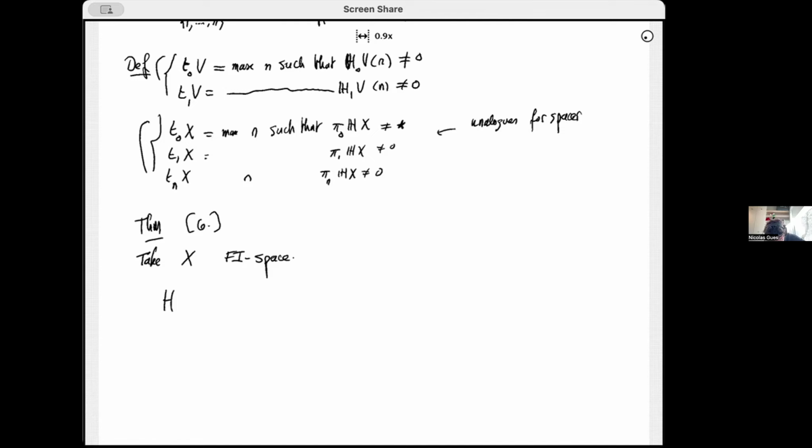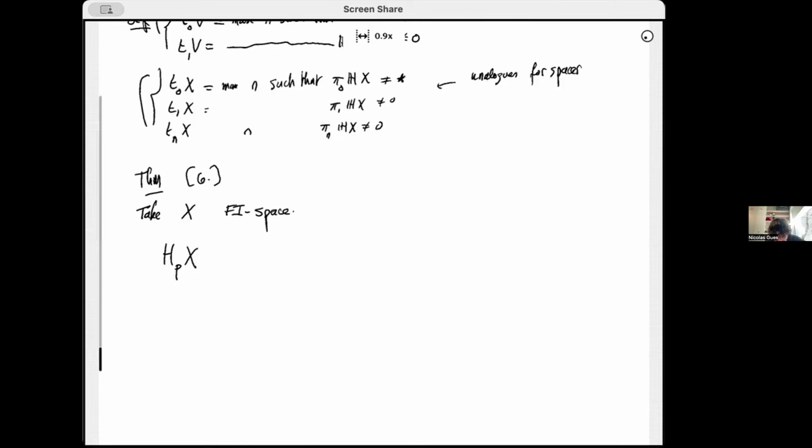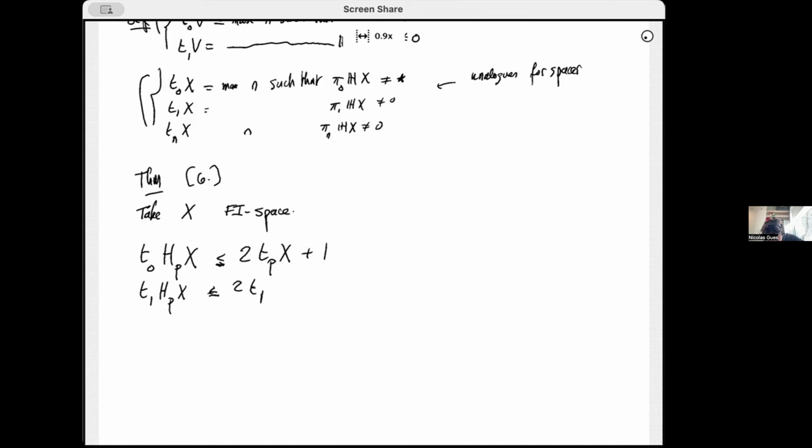If I look at the homology of X, HP of X, I can ask whether this is finitely presented as an FI module, and you can show that T0 of HP of X will be controlled by 2 TP of X plus 1, and T1 of HP of X, I think it's 2 TP of X plus 2.